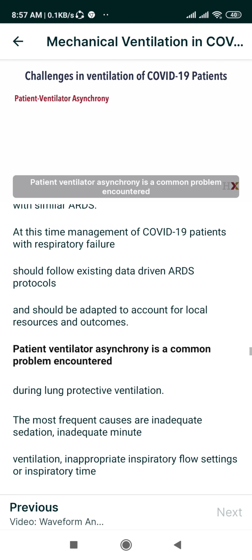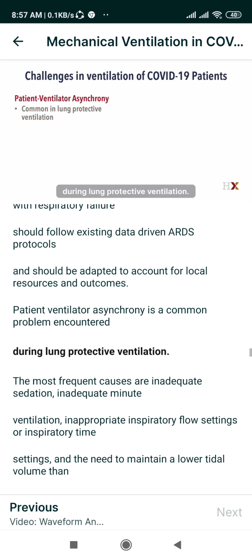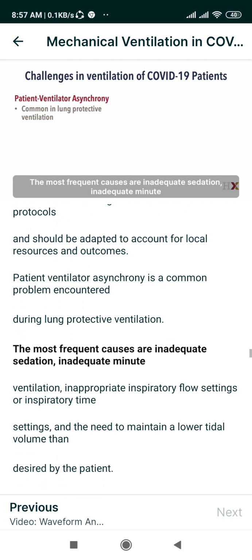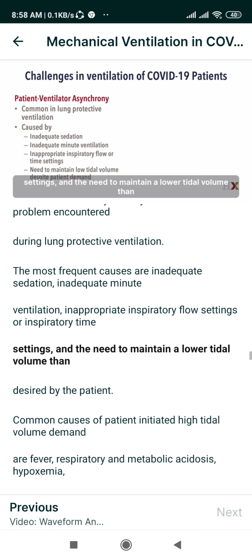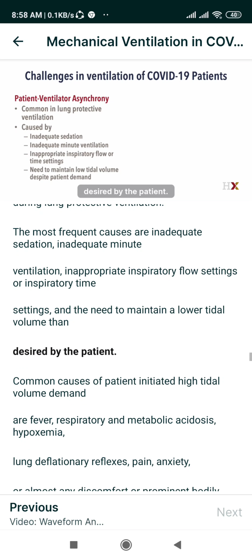Patient ventilator asynchrony is a common problem encountered during lung protective ventilation. The most frequent causes are inadequate sedation, inadequate minute ventilation, inappropriate inspiratory flow settings or inspiratory time settings, and the need to maintain a lower tidal volume than desired by the patient.